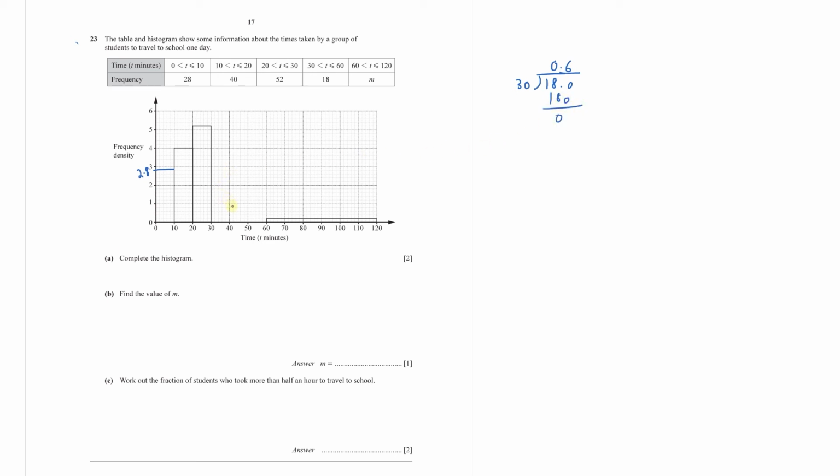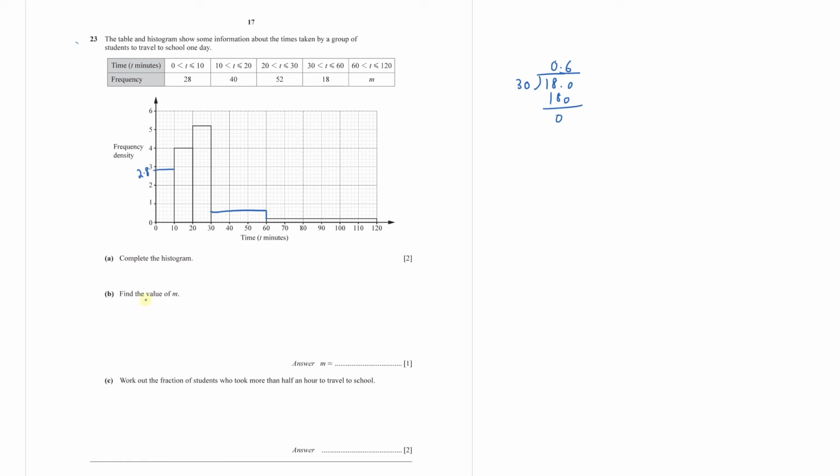So that would be 0.6. So 1 is this line, then 0.8, and 0.6 would be two small boxes below 1. See if I can get it straight here, and then down here. Perfect. So now we have completed the histogram.